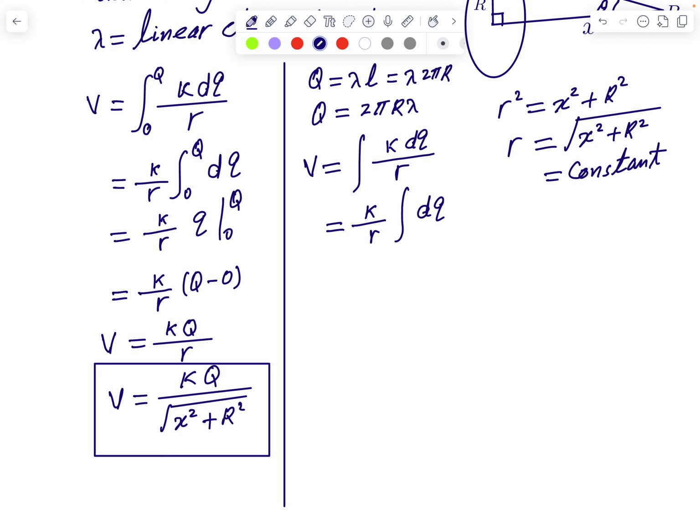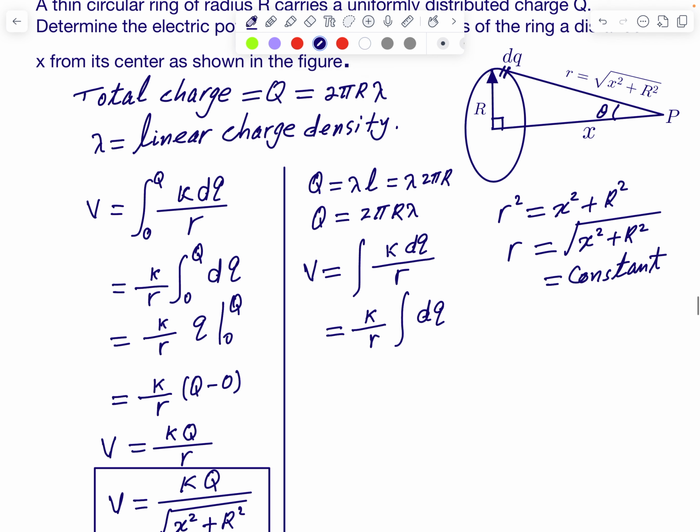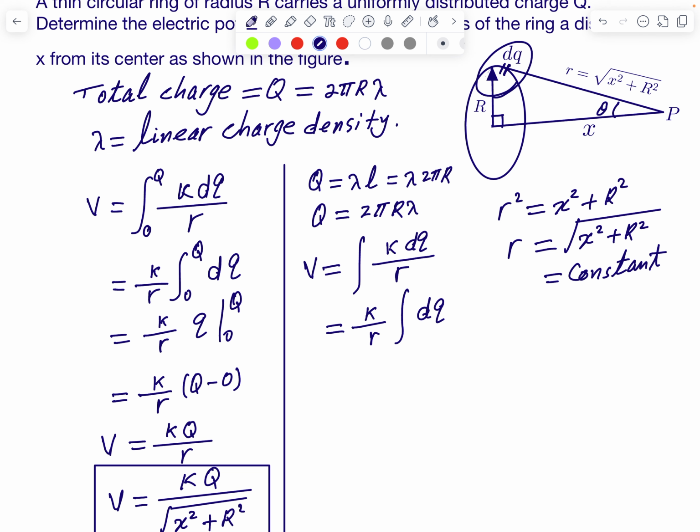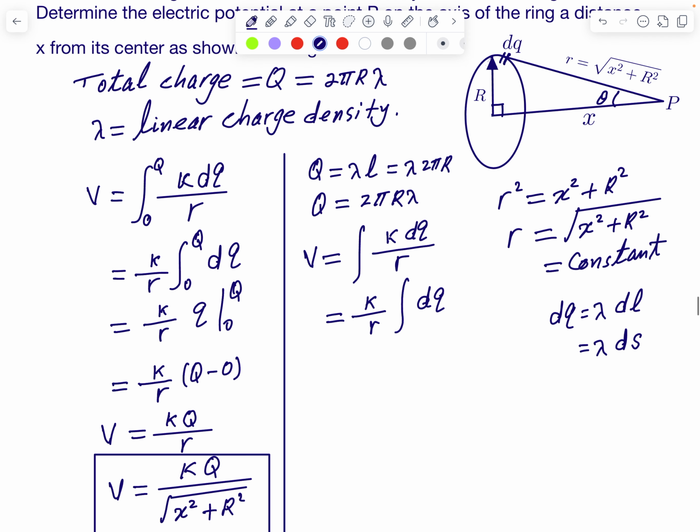If we take a small point charge on this ring, then dq is going to equal lambda dl, which is lambda ds, actually. But what is ds here?